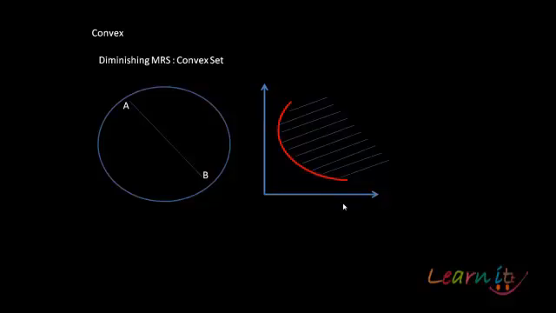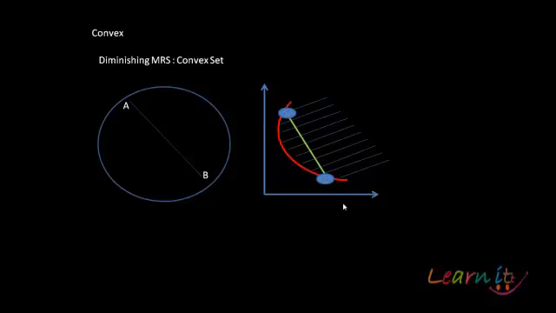Those are the combinations which are strictly preferred to any combination xy, or they are indifferent. So this would be this region, all the points to the northeast of this indifference curve and the points lying on this indifference curve. Now, if you pick any 2 points within the set, that particular line will lie entirely within this set.